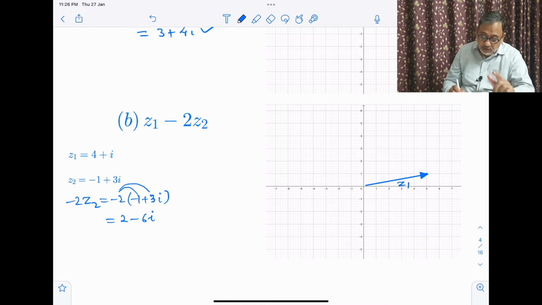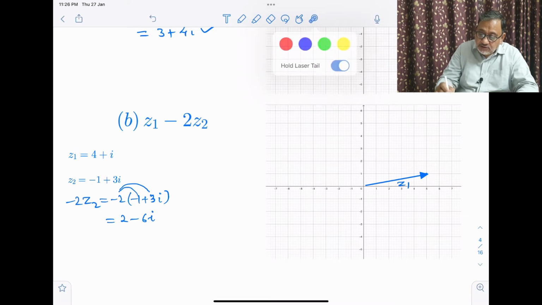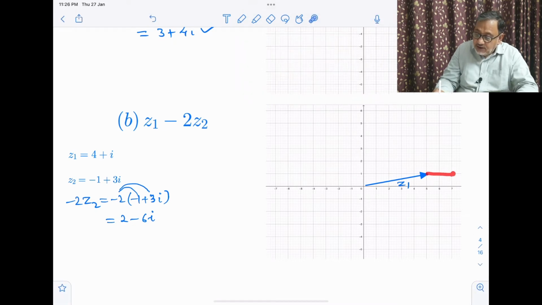So you have to draw all of it. So 2 in the positive direction where the first one is ending. From here, 2 in the positive direction, okay. So 2 units here and then negative 6. So we will go down 6 units. So it means you have to come up to this negative 5, okay. So I hope you understood this.